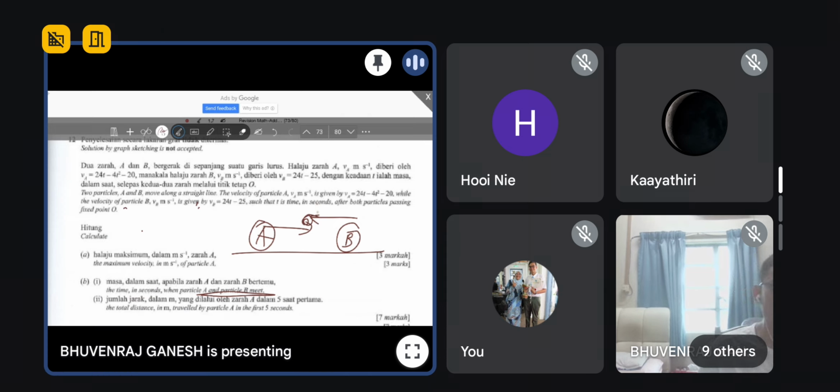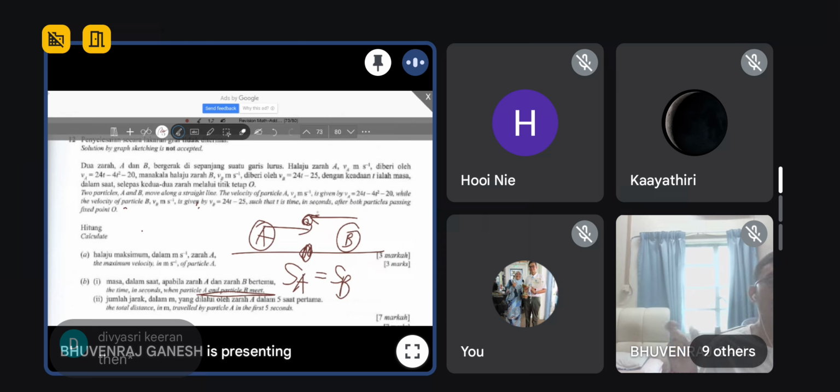Yes, you got the idea. Okay guys, correct. So it means you can say the displacement of A will be equal to the displacement of B. Right? Your displacement of particle A will be equal to the displacement of particle B when the two points meet up. Can you understand, guys?